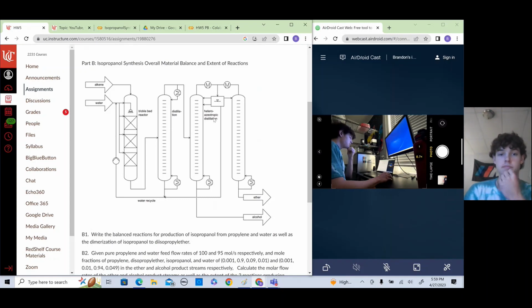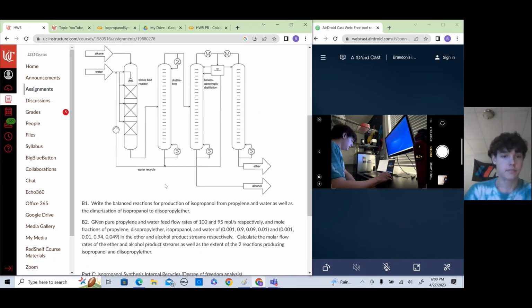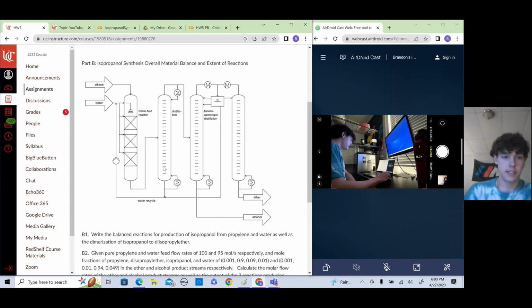And lastly, this distillation here will have another 4 equations for the mass balance.